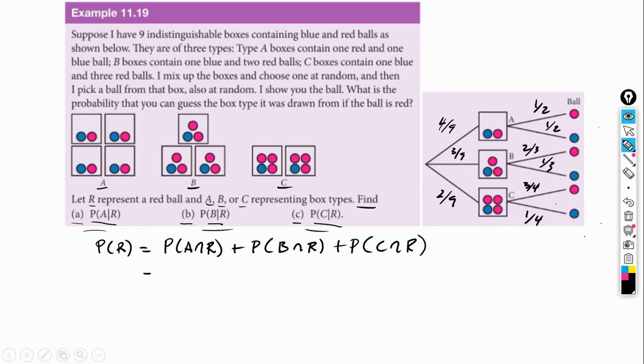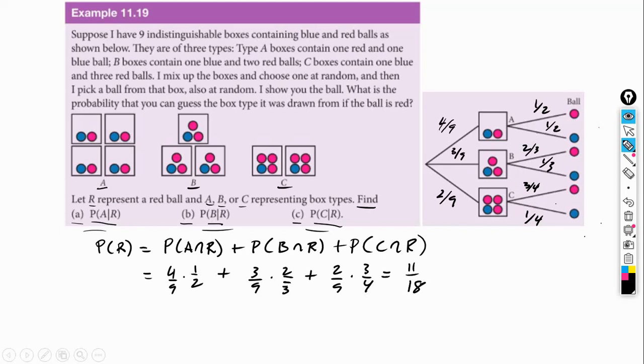So notice that this is simply going to equal 4/9 times 1/2, plus 3/9 times 2/3, plus 2/9 times 3/4. And if we do all the math here, this is going to give us 11/18.